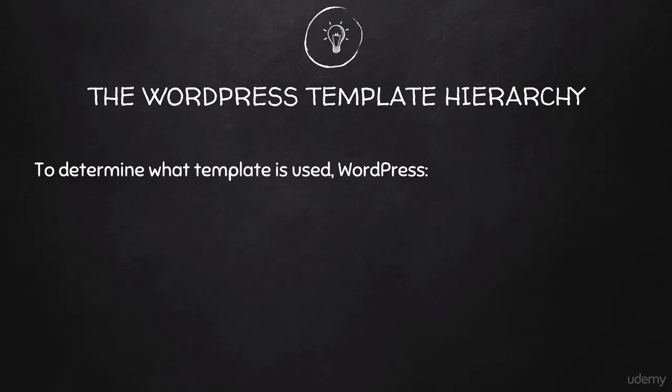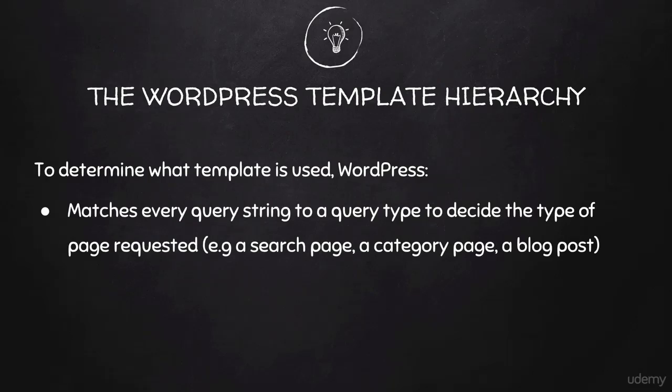Now, to determine the kind of template that is used, WordPress will first of all match every query string to a query type to decide the type of page requested. We just saw an example. So WordPress will first of all determine whether or not this URL is pointing to a post, a page, a search results page, a category page, and so on and so forth.